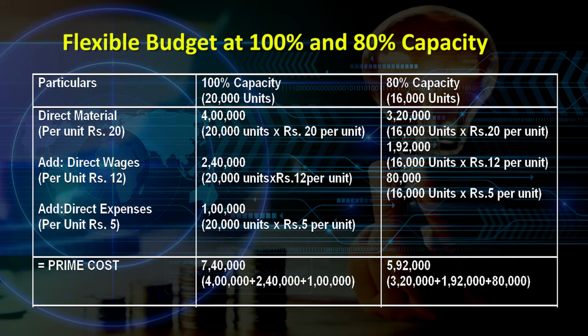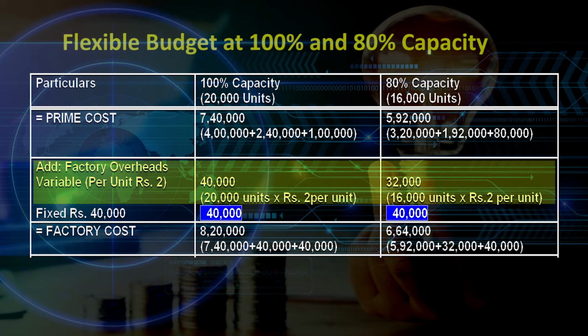To this now, we shall add factory overheads. Let us take the variable portion first, which we already calculated to be rupees 2 per unit. Accordingly, for 20,000 units, the variable factory overheads will be rupees 40,000 at the rate of rupees 2 per unit. For 16,000 units at rupees 2, the cost calculates to rupees 32,000.